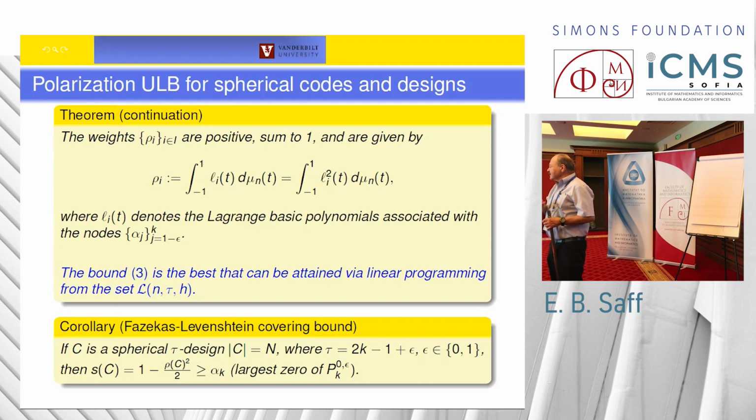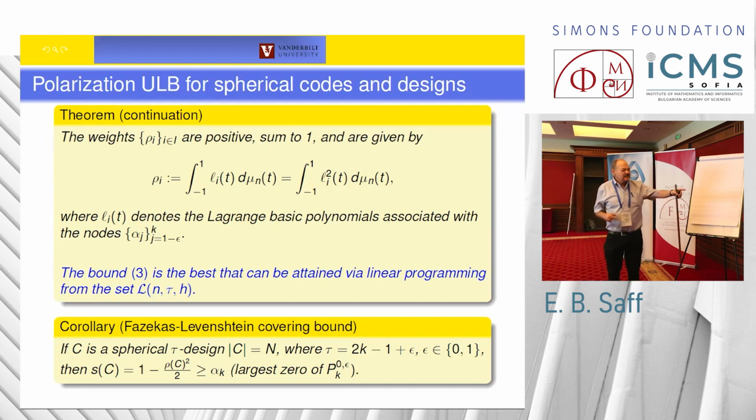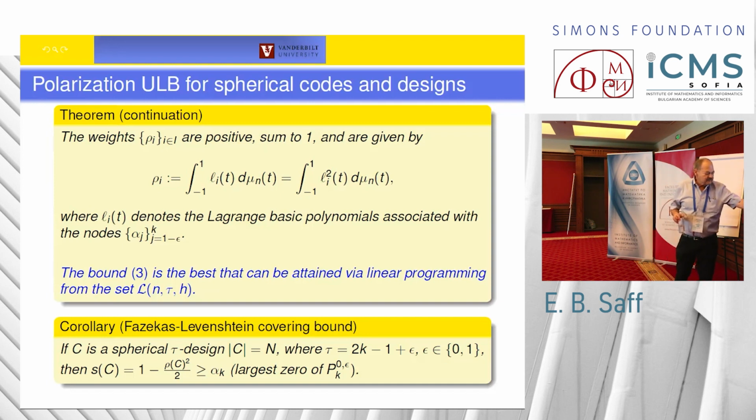So how do you prove it? We just gave a proof, right? All you need to do is take your h in our theorem, replace it by our Riesz potential, h sub s, and let s go to infinity. And we show that if you do that, on the left-hand side you'll get the expression involving rho of C, and on the right-hand side, you use the quadrature, the expression in terms of the quadrature.